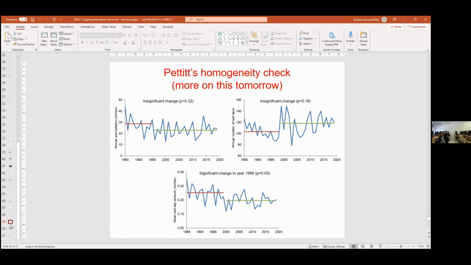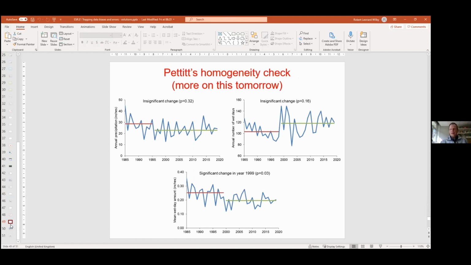Is it possible to use it for detection of the start of the trend, or maybe a regime shift between the two periods? Is it possible to use the test for regime shifts? We know that there are regime shifts in all different kinds of ecosystems. Yeah. So, yeah, thank you.